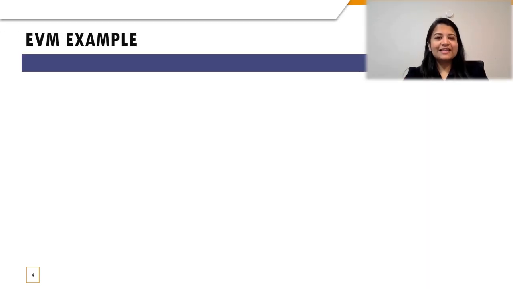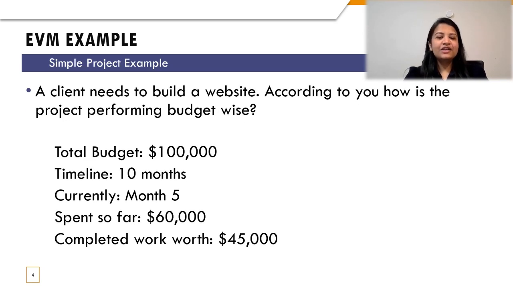So let us look at an example question for solving this earned value management kind of question. The question is: the client needs to build a website, given the total budget is $100,000. The timeline for finishing that up is around 10 months, and currently they are on month number 5. The amount that has been spent so far is $60,000 and they have completed work worth $45,000. So, how should we first understand the information that is given to us?